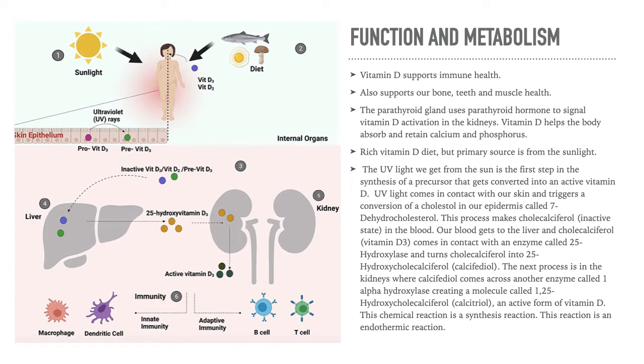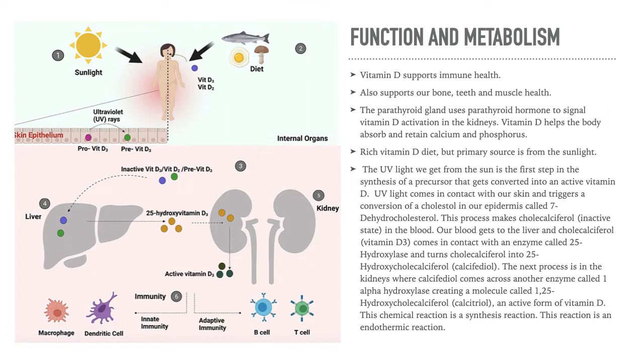Our blood gets to the liver, and that cholecalciferol, which is known as vitamin D3, comes in contact with an enzyme called 25-hydroxylase and turns vitamin D3 into 25-hydroxycholesterol, which is calcifediol.